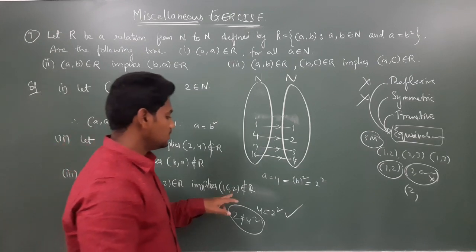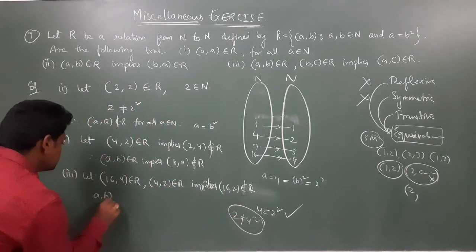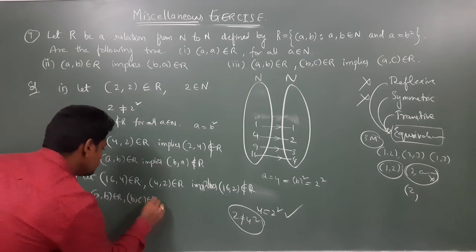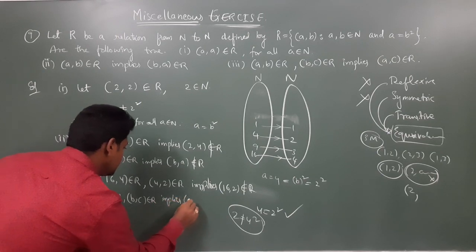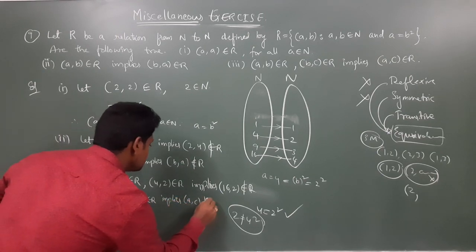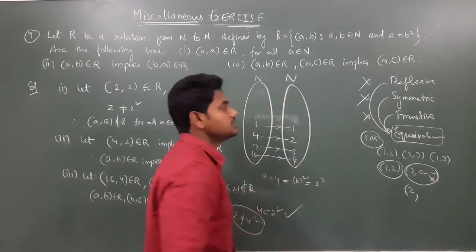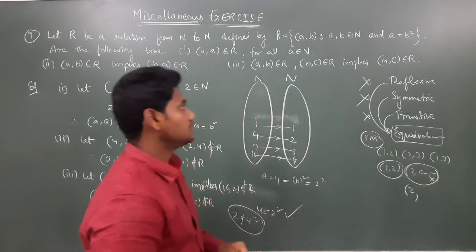But 16 is not equal to 2 squared. So (A, B) belongs to R and (B, C) belongs to R does not imply (A, C) belongs to R. So it is not transitive. Since it is not reflexive, not symmetric, and not transitive, it is not an equivalence relation.